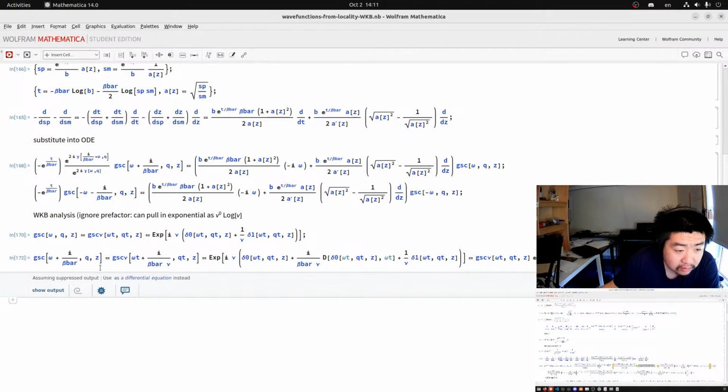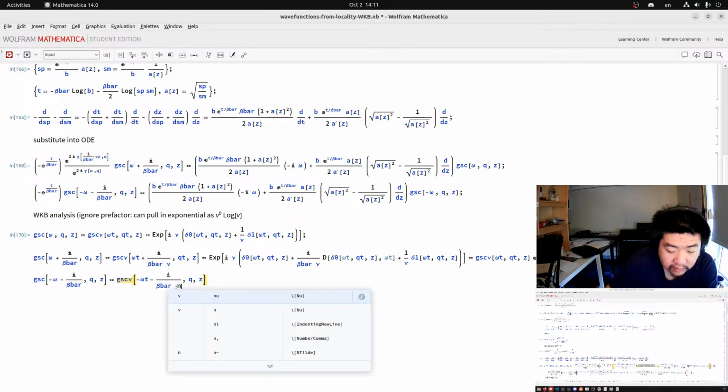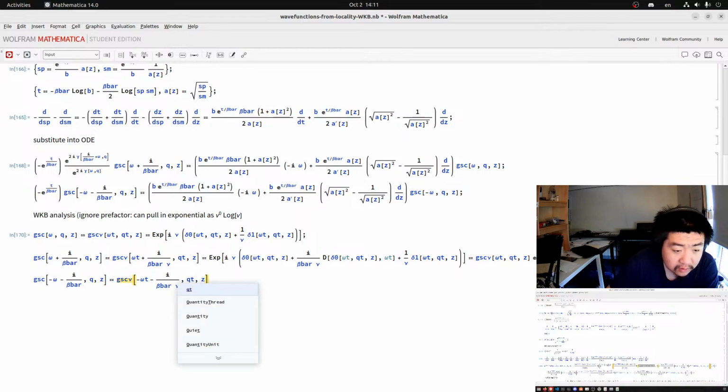And I also need this thing equals G scaled nu. These become tilde quantities at the risk of doing this. Again, minus and minus.